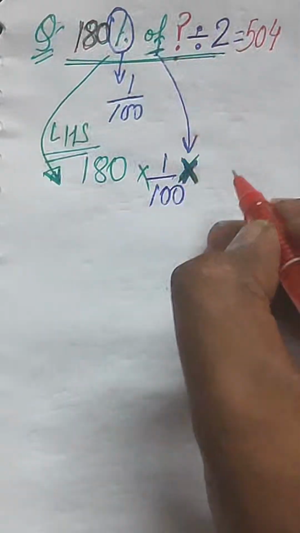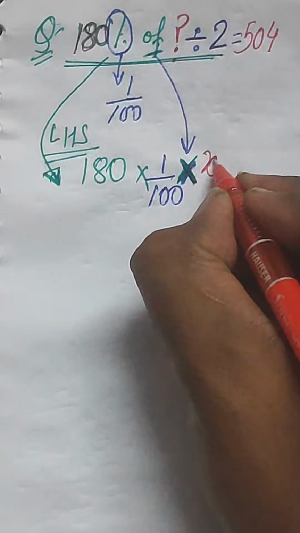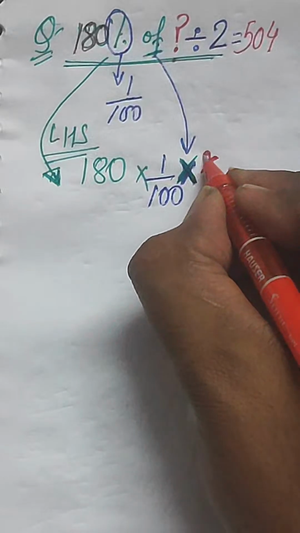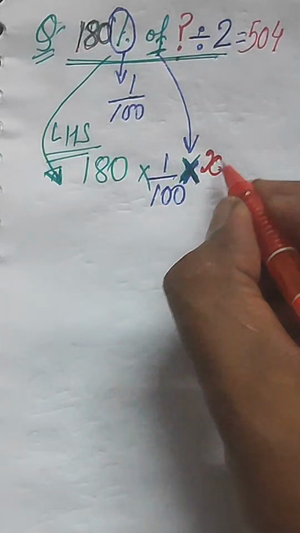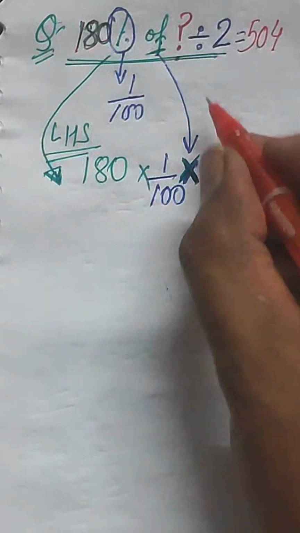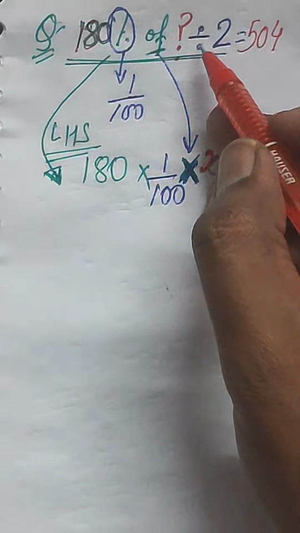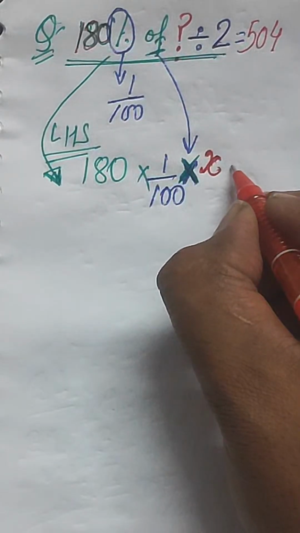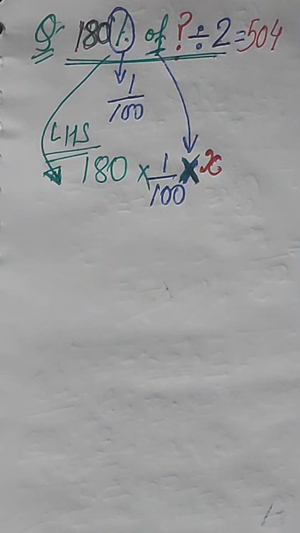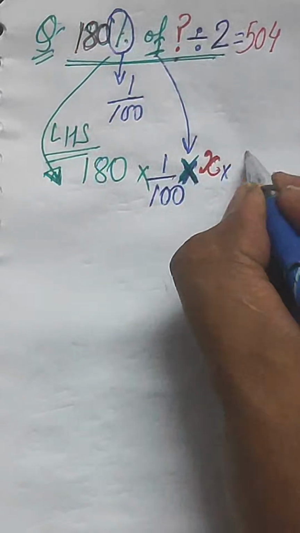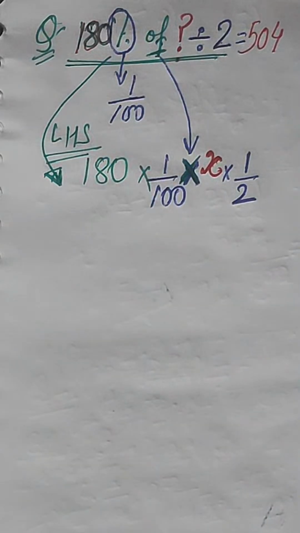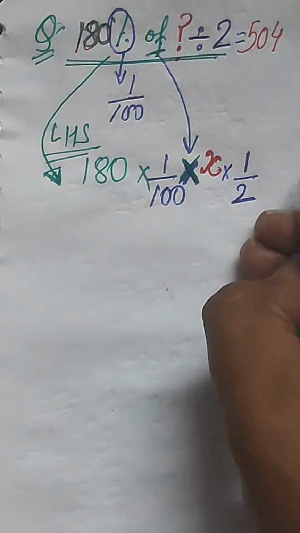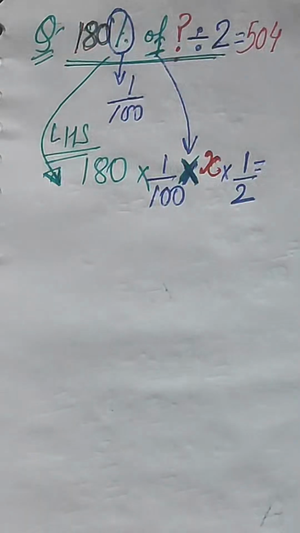Let this question mark be x. And this whole is divided by 2, which can be converted into multiplication, so we write it as 1 by 2. Now this is equal to our value on the RHS.